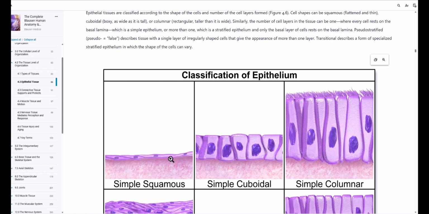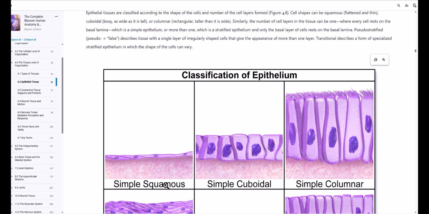First of all, there is squamous. Squamous cells are flat, squishy, squashy cells. Cuboidal cells, as the name suggests, look like little ice cubes. They are cubic in shape. And then there are simple columnar cells. These are taller cells than they are wide. They look like tall rectangular prisms.